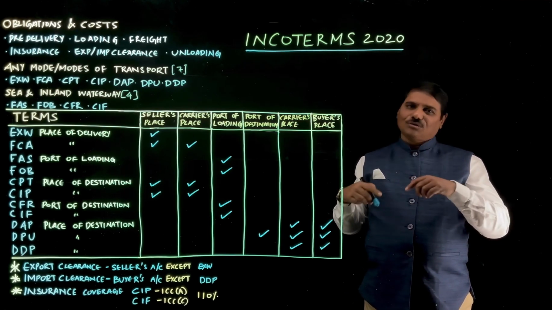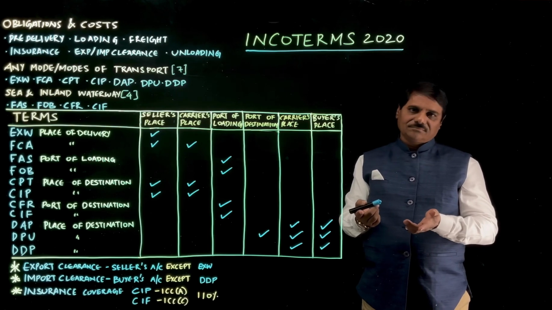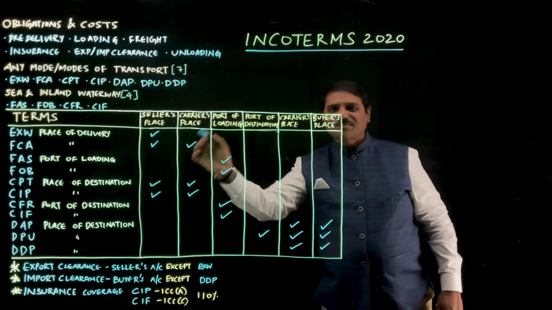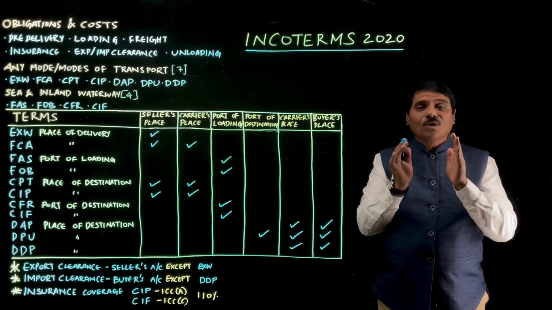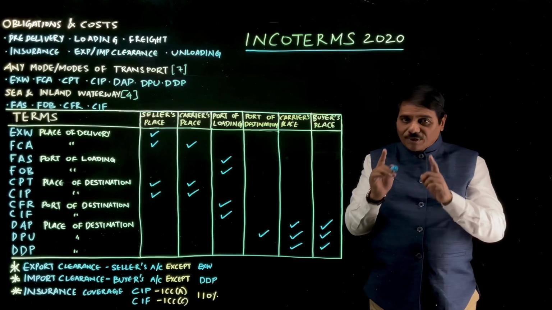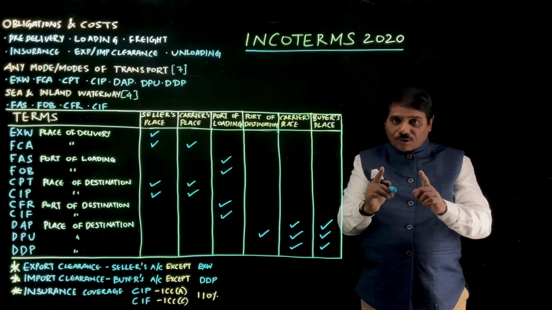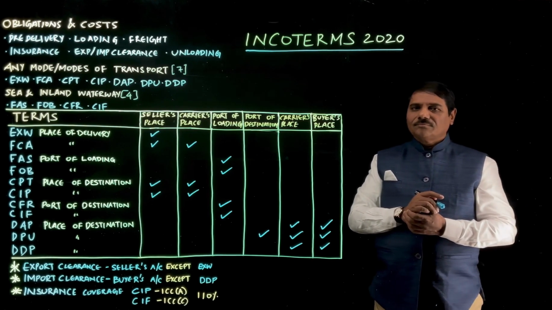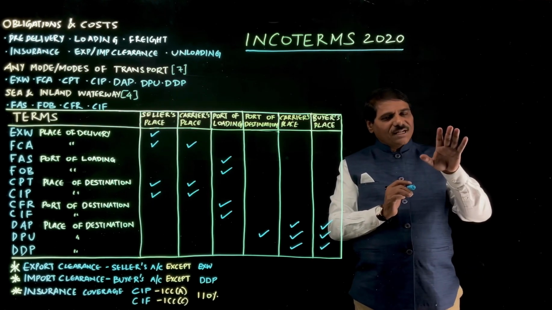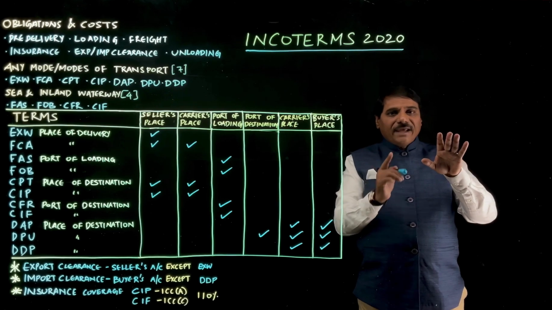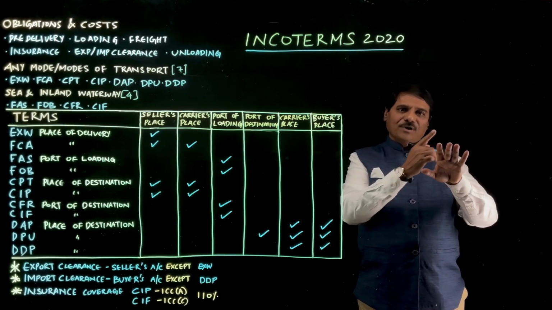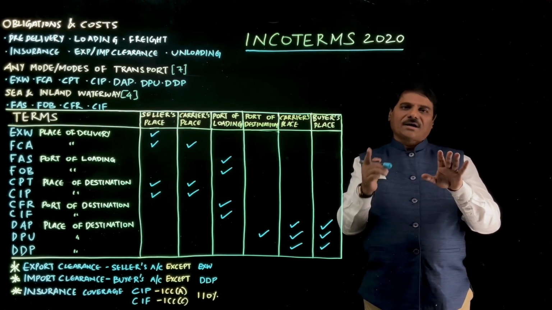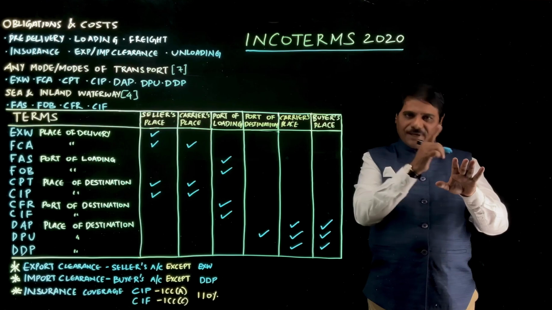The seller has to load the goods onto the truck, and carry the goods up to the carrier's place ready for unloading. There is no need for the seller to unload the goods from the truck. So what is the seller's responsibility here? Free carrier at named place. The seller must deliver the goods to the shipping company at that place.